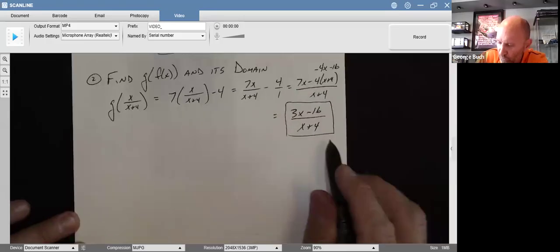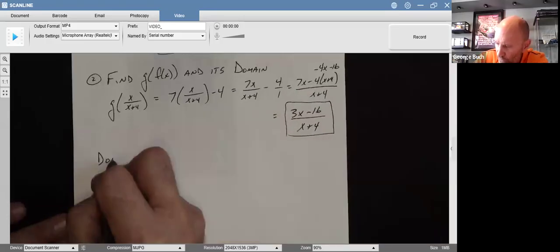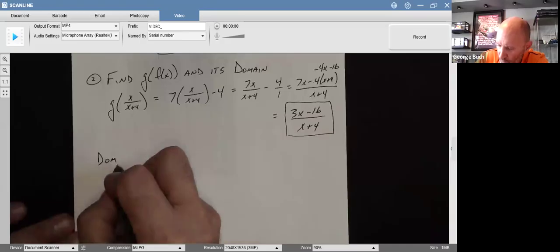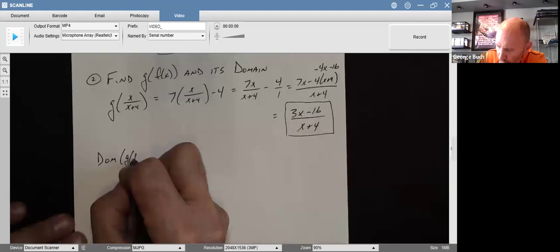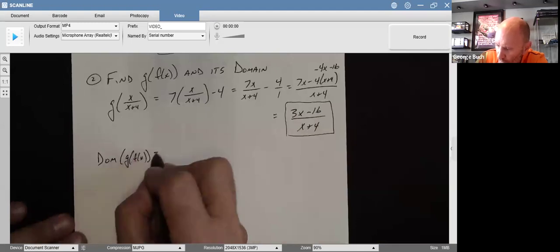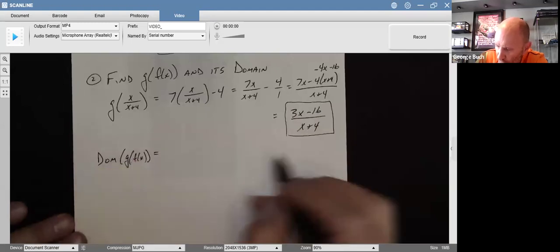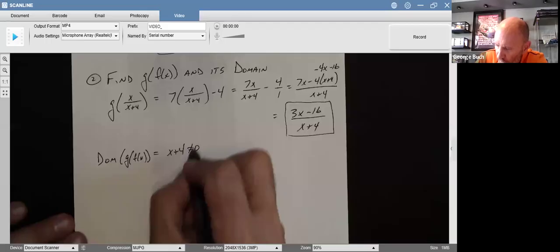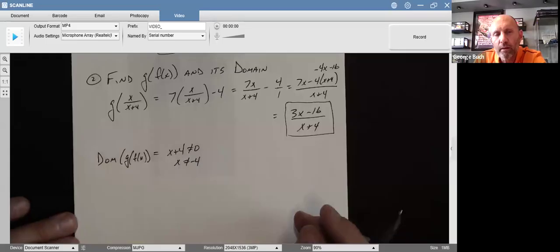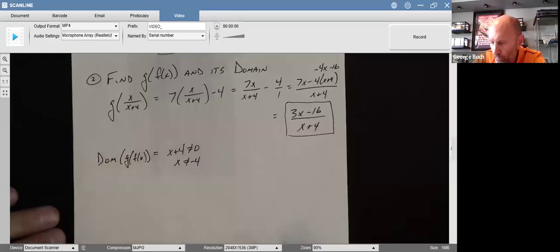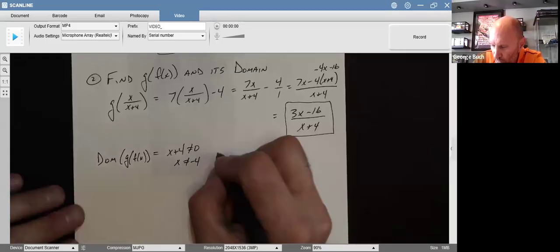So the domain, first of all, for the composite, g of f of x, is what? x plus 4 cannot be 0, so x cannot be negative 4. And then also intersected with what?